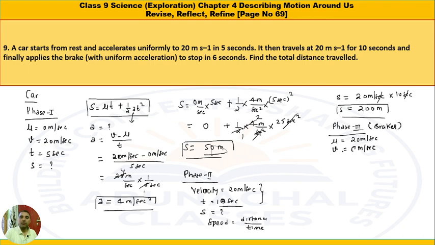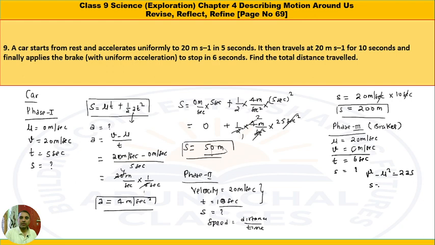That's why the final velocity will be 0 meter per second and it has taken a time of 6 seconds. So here also we need to find the distance. So I can use another equation, which is your third equation of motion, v square minus u square equal to 2as.